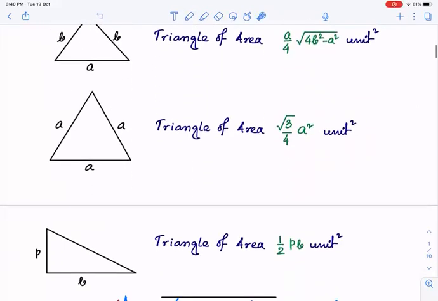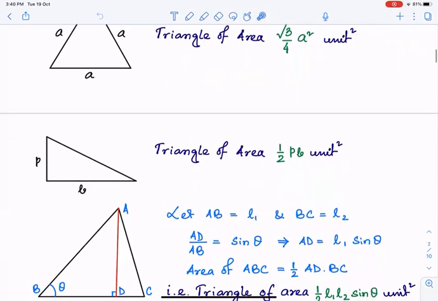Next, we have considered the general idea of triangle from a right triangle. In a right triangle, the area is simply half into base into height. So if P is the perpendicular and B is base, then half into P into B unit square is the required area.